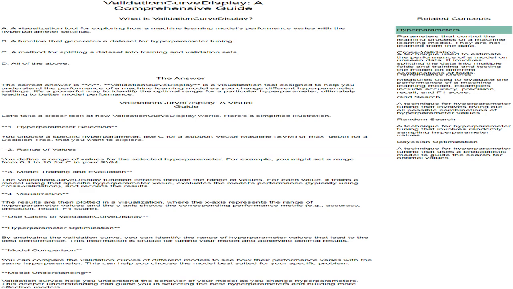Data splitting: before using validation curve display, you would typically split your dataset into a training set used for model training and a validation set used to evaluate the model's performance. Validation curve display then uses the validation set to assess the model's performance across different hyperparameter values.